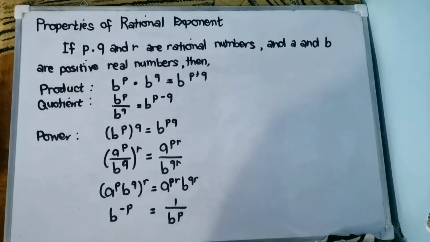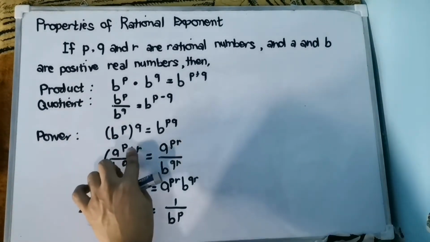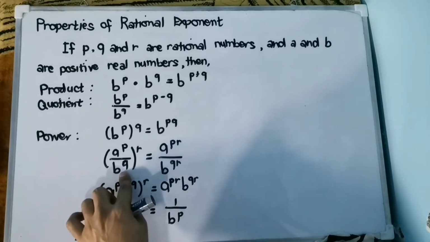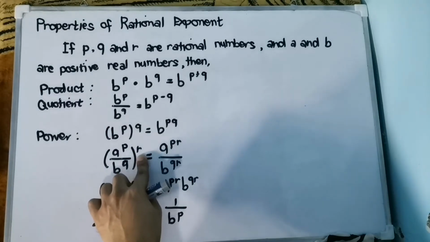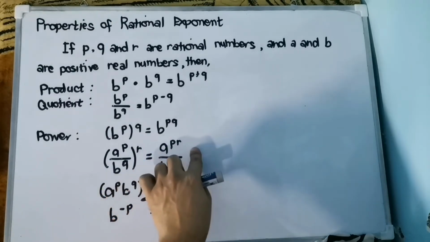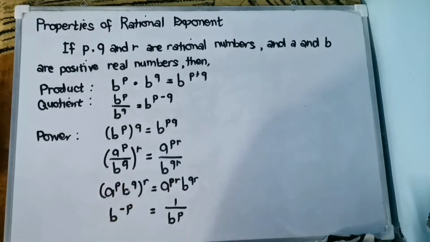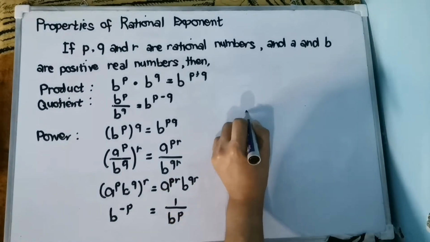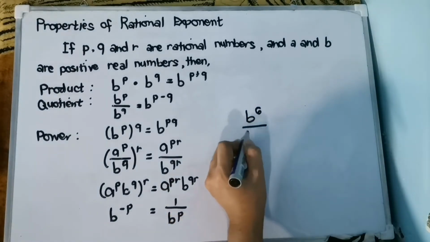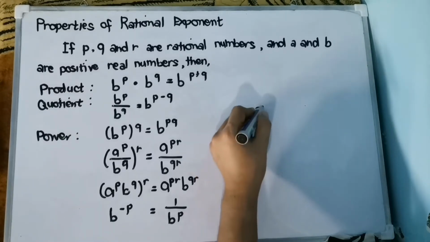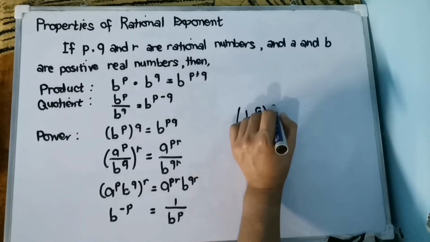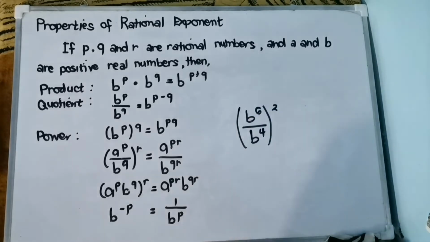The next one is a raised to p over b raised to q, quantity raised to r. So wherein you need to multiply. So a to the pr over b to the qr. Example, we have b to the 6th over b to the 4th, raised to 2.